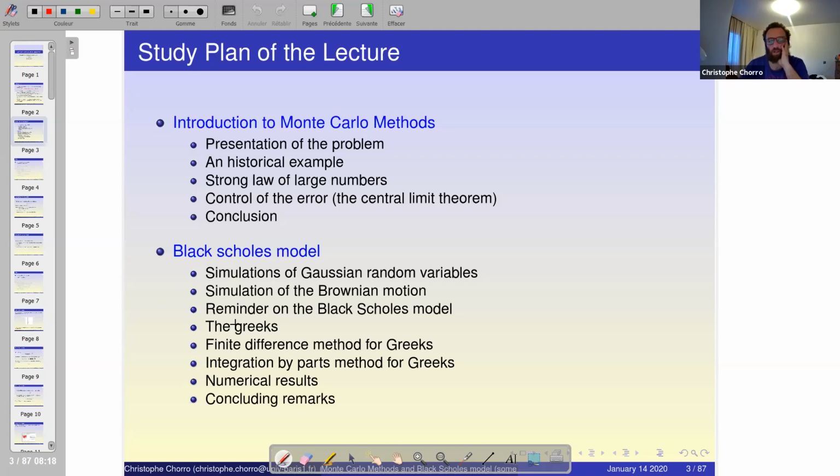It will be the way to introduce why we need some tools, in particular to compute the Greeks using these Monte Carlo methods. So it will be the study plan of the first two sessions, more or less, before starting the more mathematical part of the course relative to Malliavin calculus.